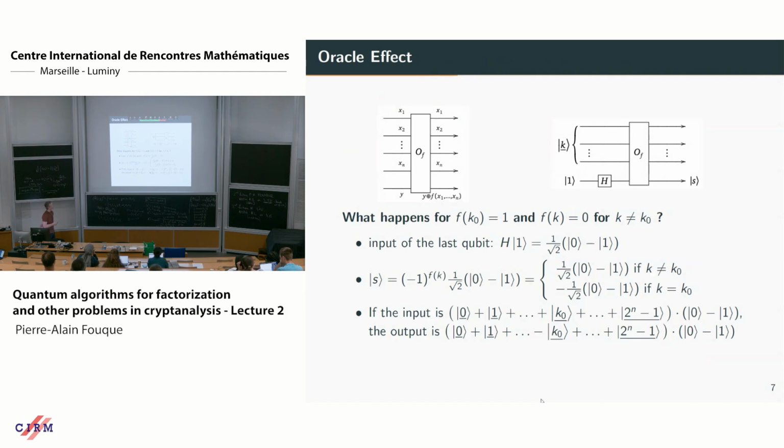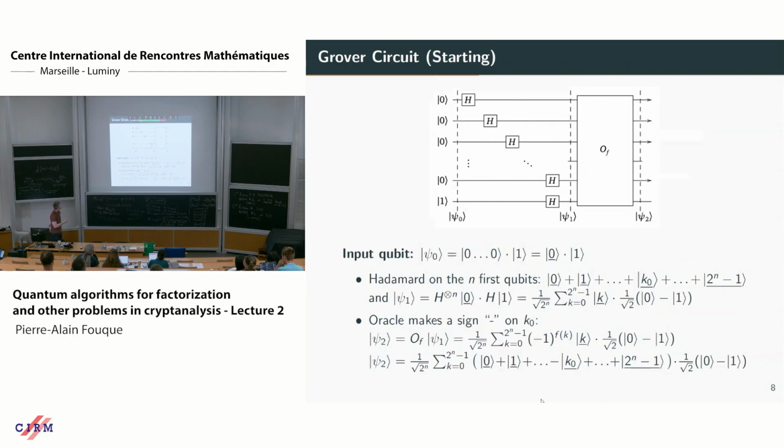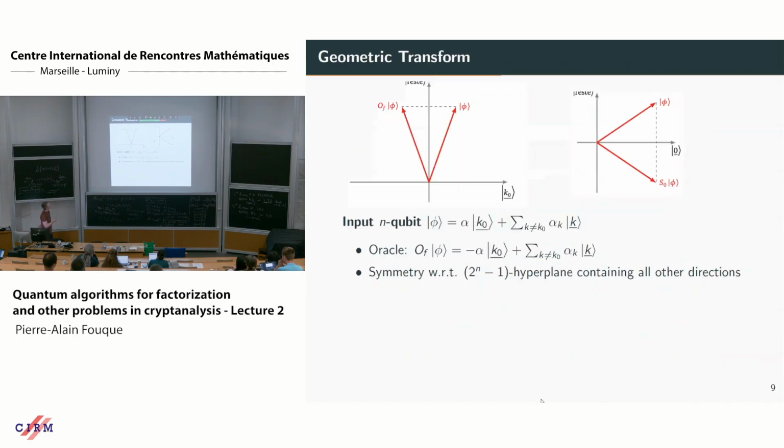That means that all values have a plus, except for this specific index. So this is just the symmetry by the correct angle. Just have a sign on the right position. And I just have to apply this symmetry.